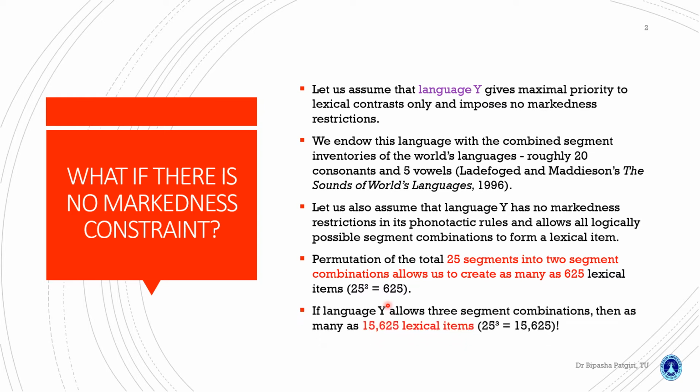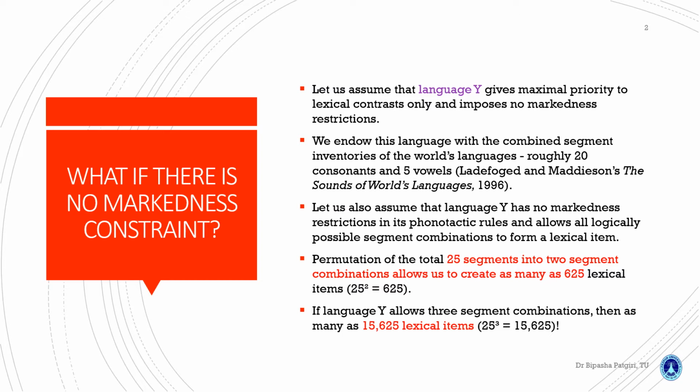If language Y allows 3-segment combinations, then as many as 15,625 lexical items will be possible. If it allows segment combinations of 3 segments, like sa, ta, ra, this is a possible lexical combination, or possible sound combination, in most of the world's languages.